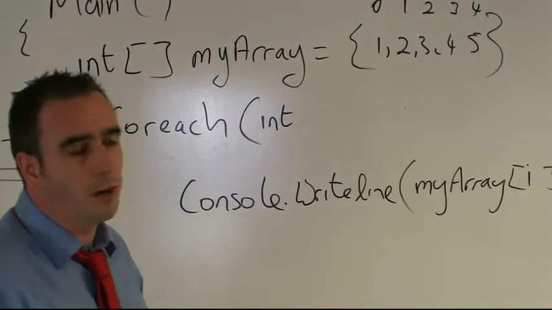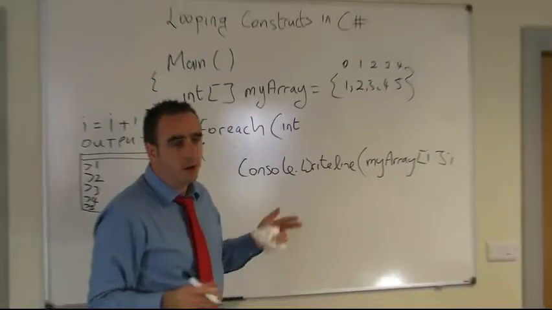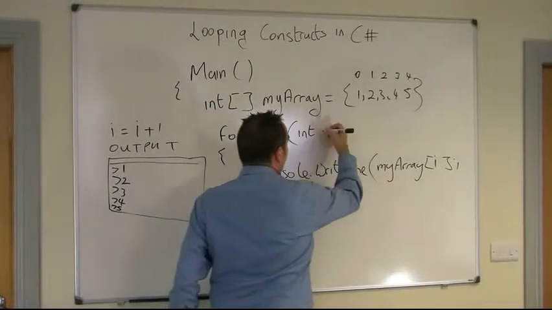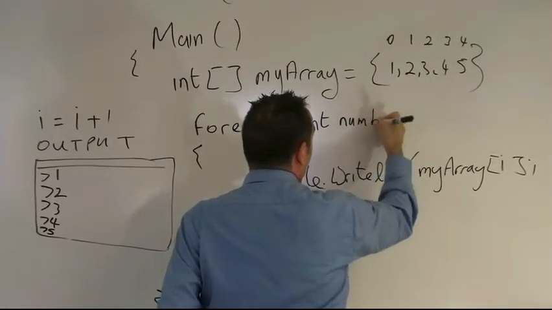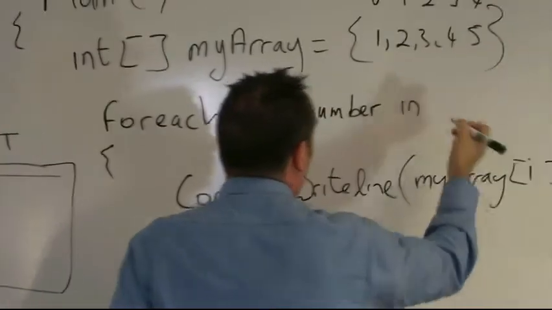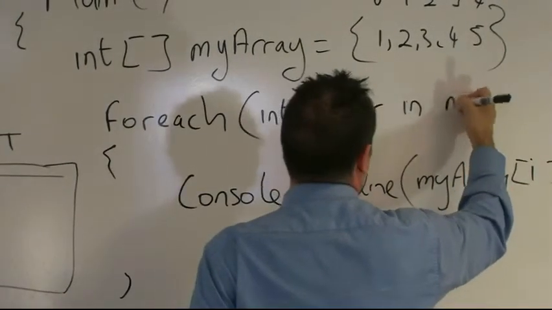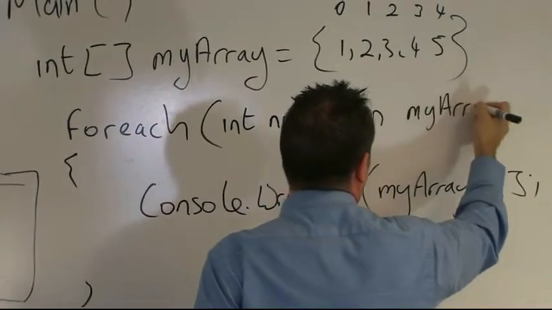So we don't need to worry about incrementing i or anything like that. So int, I'm going to say number, and then you use the keyword in, and then you use the array that you want to reference.